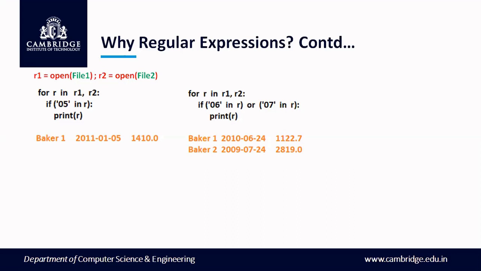Now, to be more specific and to get the perfect answer, what we are supposed to do is we should see the pattern of the date: before 05 and after 05 there is a dash, right? So what if we write like this? If we replace 05 in the above code with dash 05 dash, then we can expect the right answer.